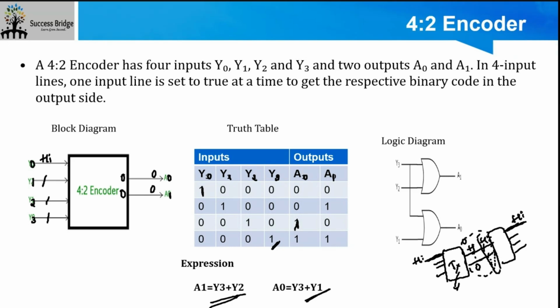In 4 input lines, one input line is set to true at a time to get the respective binary code on the output side. So you have to program only one input line at a time, and you can get the respective output. So you have two OR gates connected back to back.